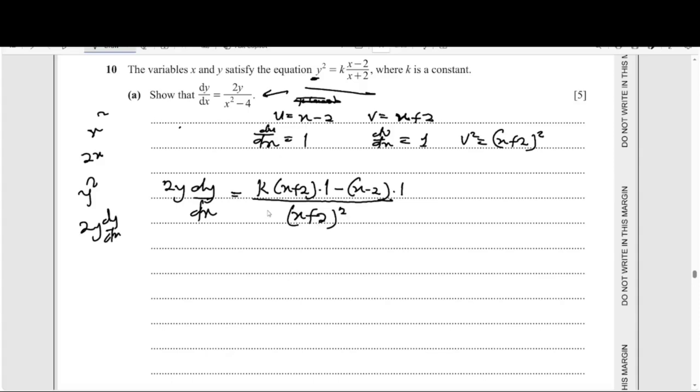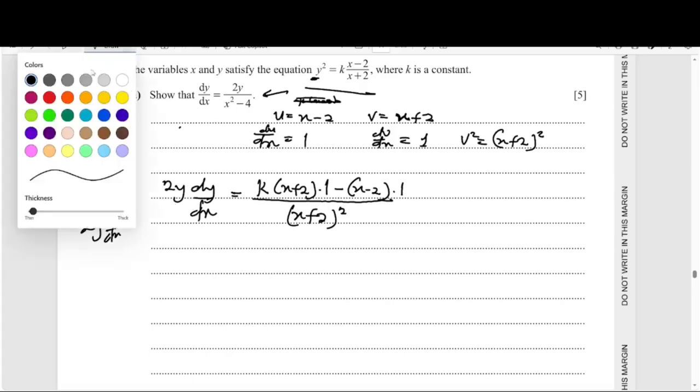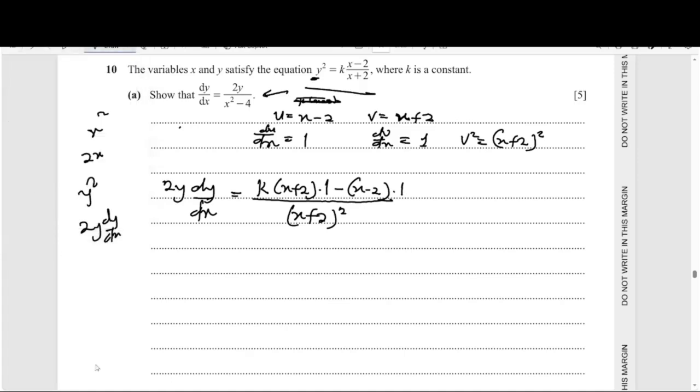Now, at this point, we can decide to expand this part, make it negative x plus 2, or maybe you want to also leave it that way and continue your calculation. You still arrive at the right answer, right? So I'm going to divide both sides by 2y because I need to get rid of the 2y at the left hand side since we need to find dy dx. So let's do that. Here by 2y and everything here by 2y as well.